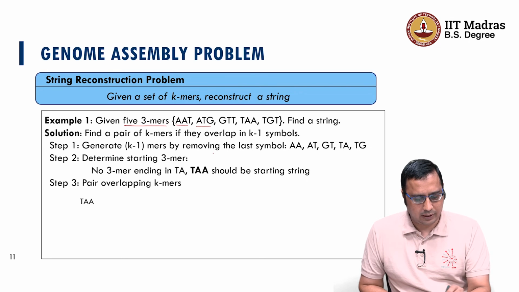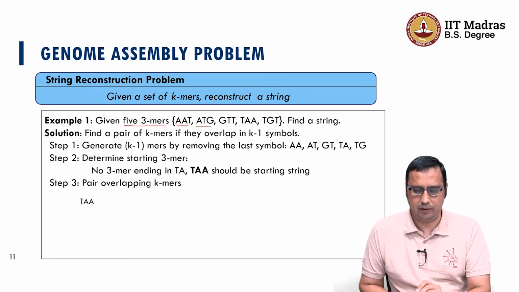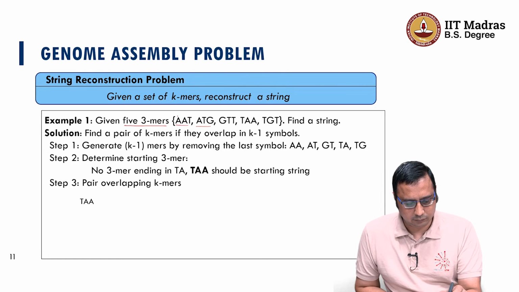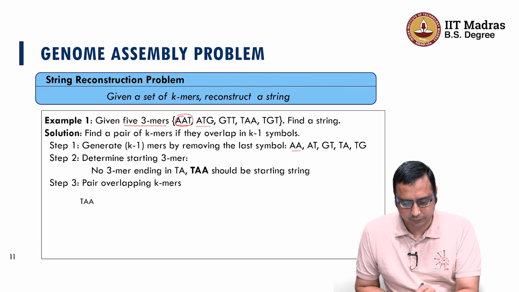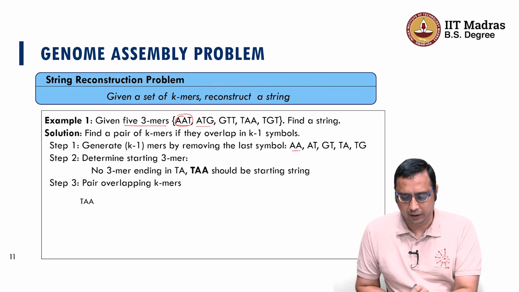Let's generate k minus 1 mers by removing the last symbol in each k-mer. So what we have done is, I have taken this k-mer and removed the last symbol. So that will end up with AA. Similarly for ATG, removing G we will get AT.